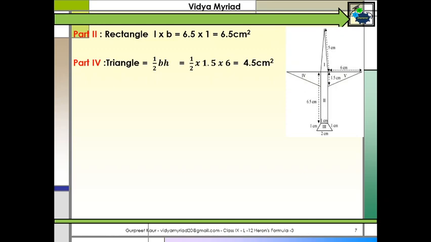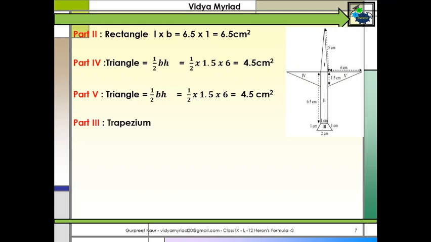You see 4 and 5, the wings are there, both are same. It's in a form of a right angle triangle. So I can use the formula of half base into height, which gives me 4.5 centimeters square. Same will be for part 5, that will be 4.5 centimeters square, because both are the wings, dimensions will be same. Next comes the last part, which is a trapezium, the third part.